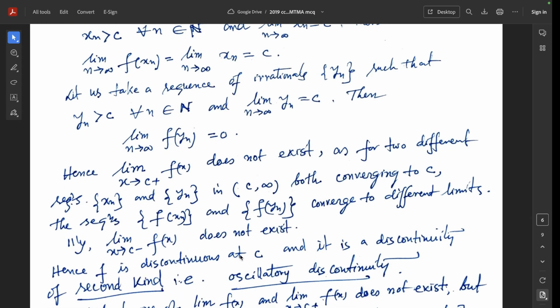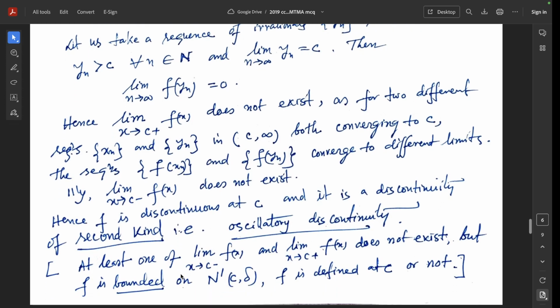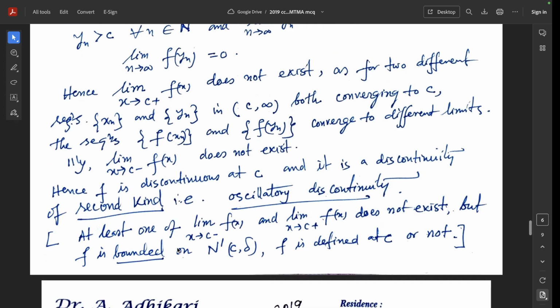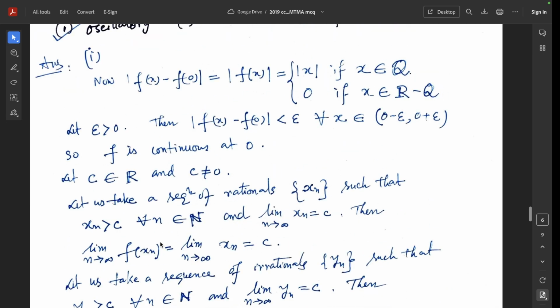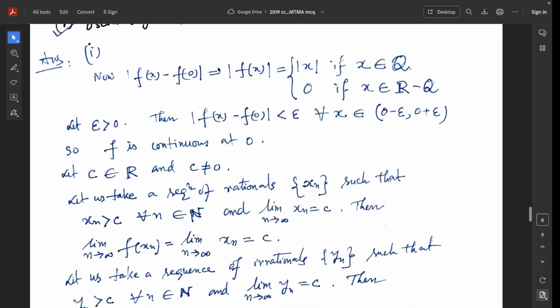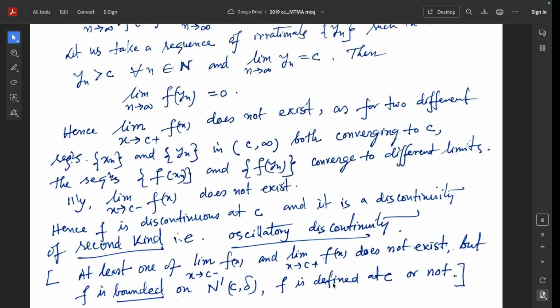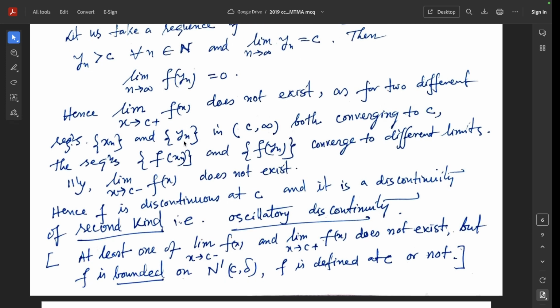Hence f is discontinuous at c, and it is a discontinuity of the second kind, that is, an oscillatory discontinuity. At least one of the limits, f(x) as x tends to c minus and f(x) as x tends to c plus, does not exist, but f is bounded here, since f(x) is either x for rational x or 0.